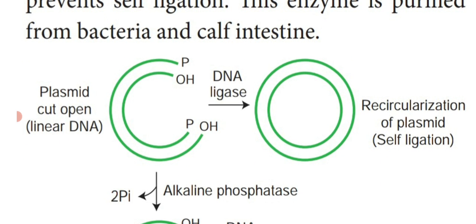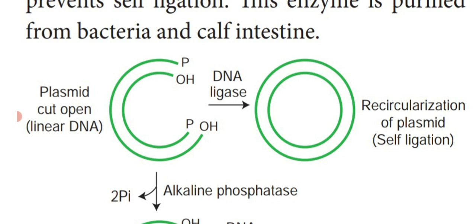See the diagram. This is the plasmid cut open to a linear end. So the 2 strands, 5' and 3'. The 5' end has a phosphate group. Then the 3' end has a hydroxyl group. By using DNA ligase between the 5' and 3' ends, we form the phosphodiester bond by utilizing ATP molecules to get the phosphate molecules and convert ATP into AMP.